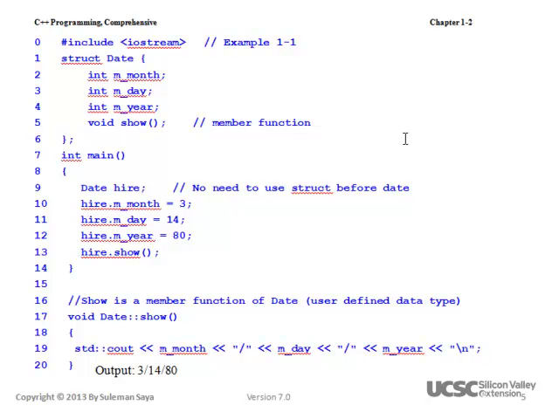Now if you wonder, if I allocate 6 bytes, what happens to the memory for the function show? Is memory allocated for the function within the object? No, there is no memory allocated for the function within the object.